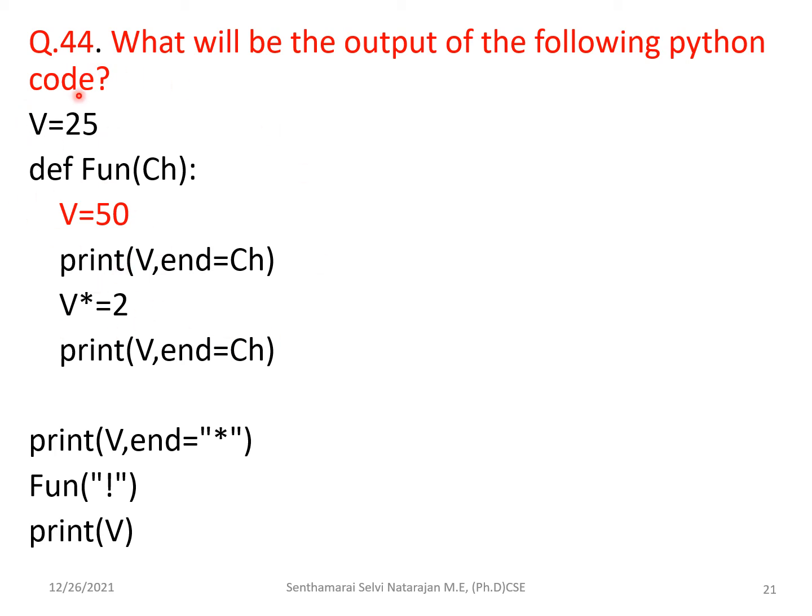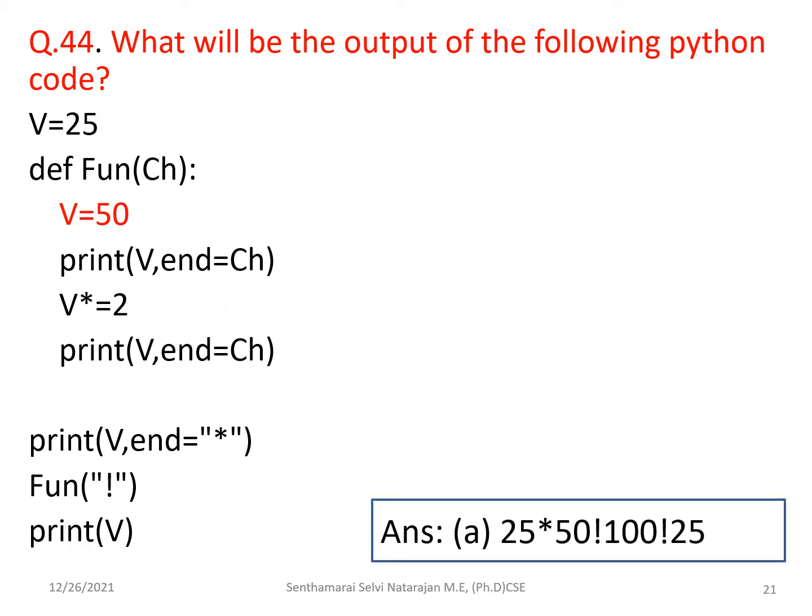So the global value v is equal to 25 is taken and here it is printed. Okay, the answer is 25 asterisk, for this it goes here the 50 and then exclamatory symbol, and here it is 100, so 100 and then exclamatory symbol. For this print, here the values will not affect this global variable v, so this 25 is taken and then it is printed.